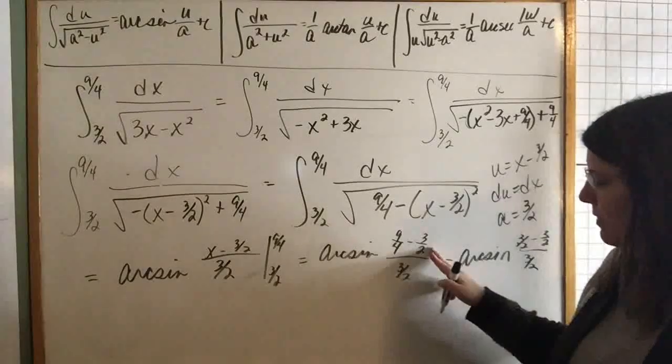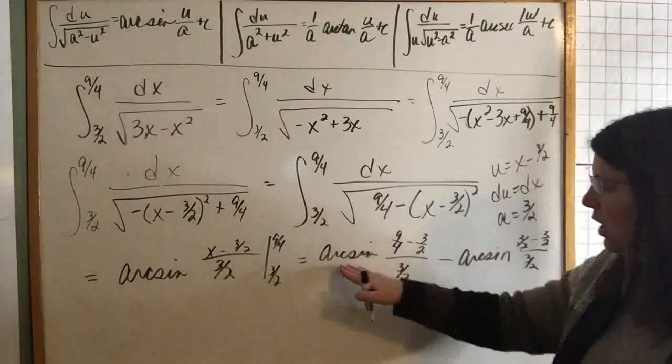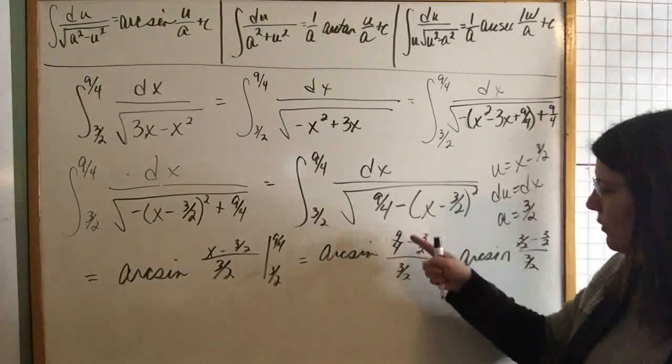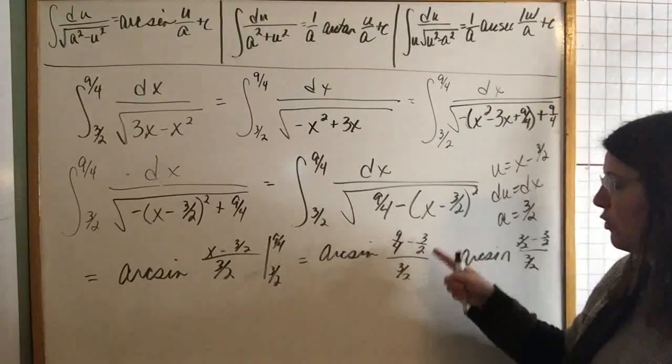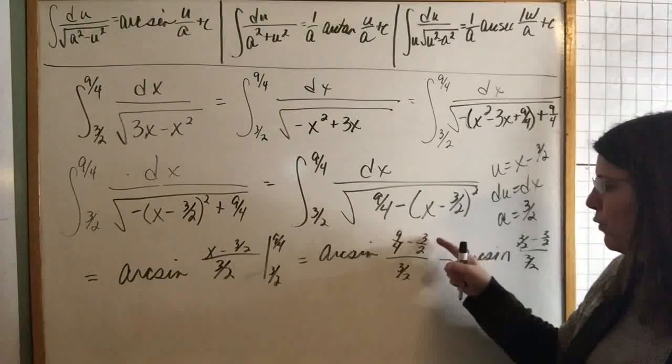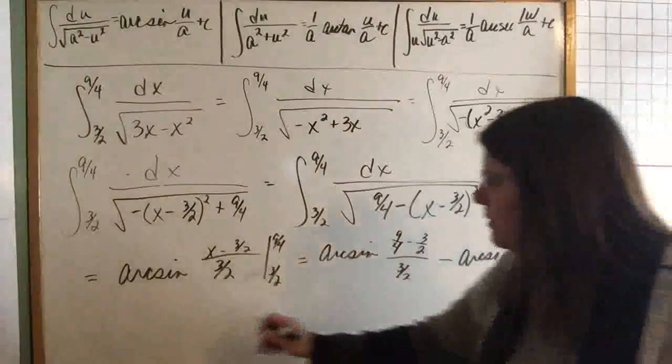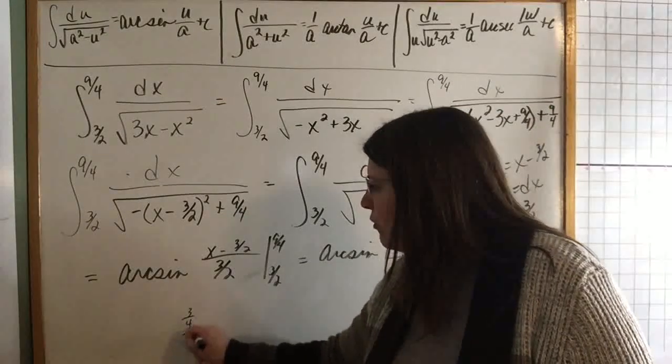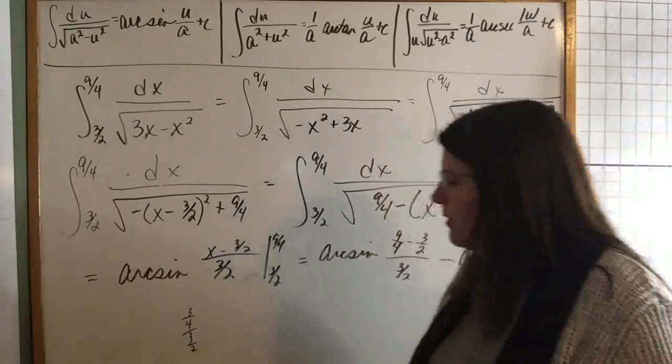If we do the math, I've got arc sine of 9/4 minus 6/4, which is 3/4, and then 3/4 over 3/2. If you think about what that is, 3/4 over 3/2 is just 1/2.